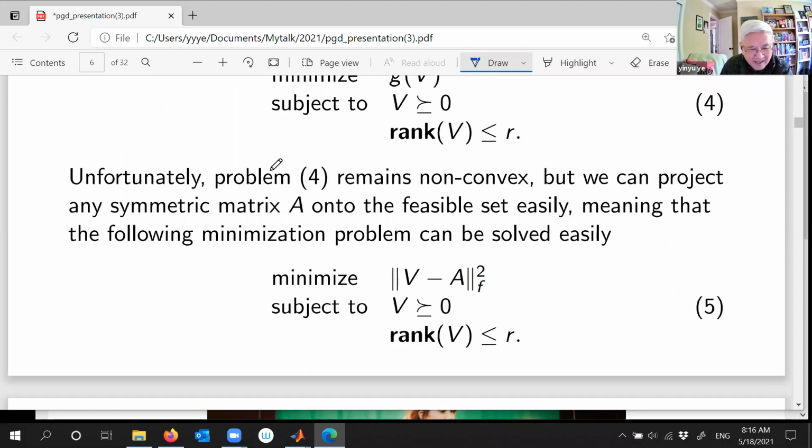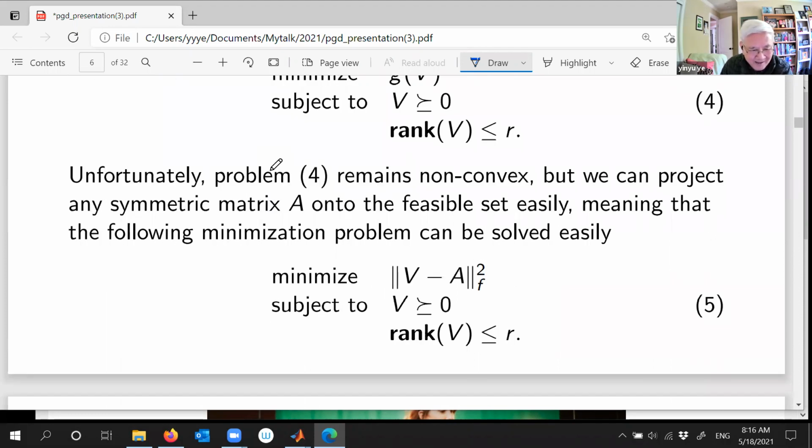However, the algorithm I'm going to introduce next is based on this fact, okay?